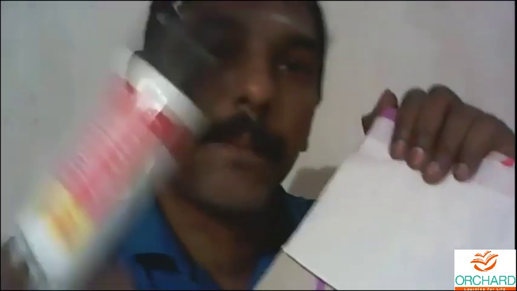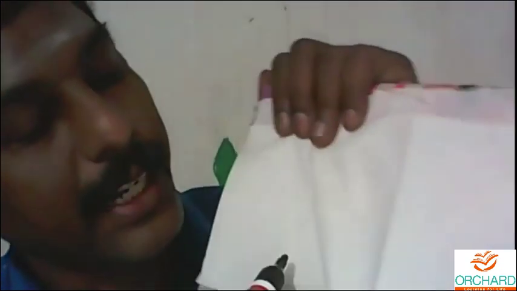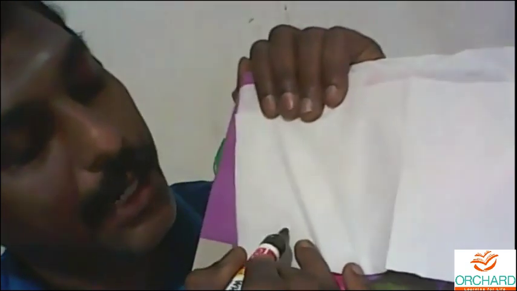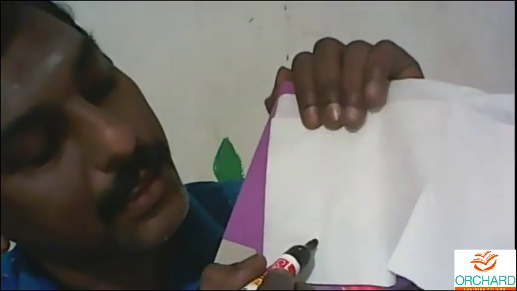We are going to separate the inks which are present in this black marker. Okay, I put some dot here. Okay, so this is one company, namely Camlin. Okay, so this is one company, Camlin marker. Okay, I take a tissue paper and I put a dot. Are you able to see the dot?